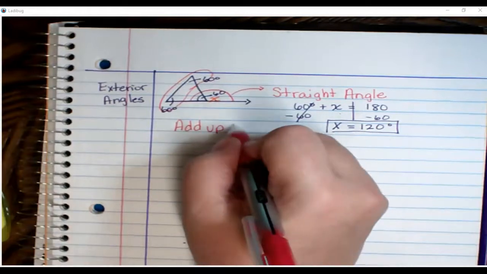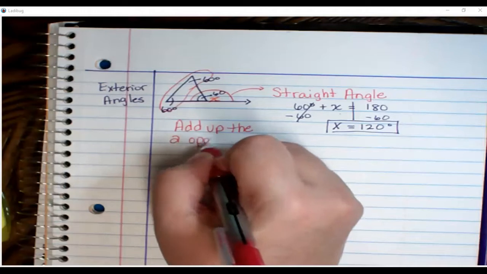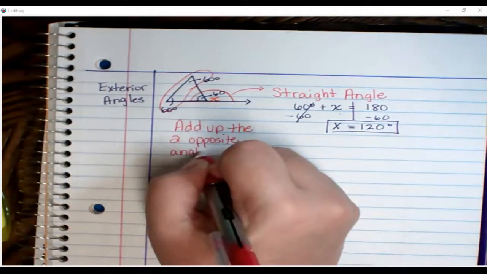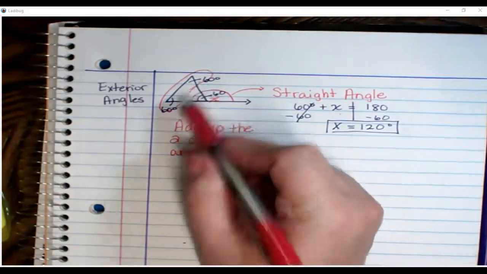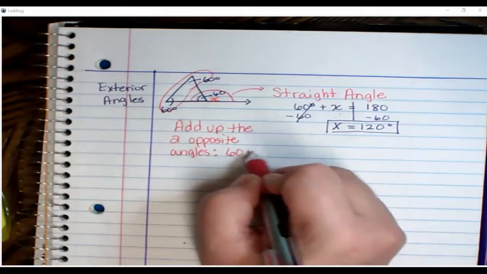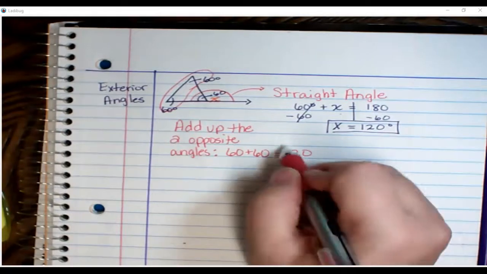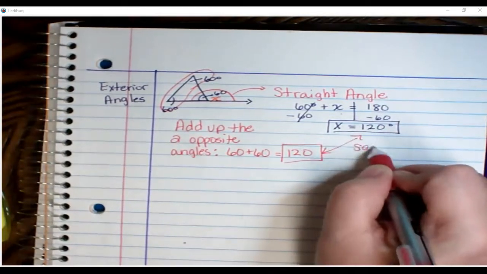Add up the two opposite angles. Well, that one's 60 and that one's 60. 60 plus 60 equals 120. Guess what? They are the same answer.